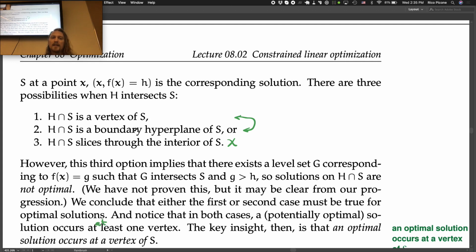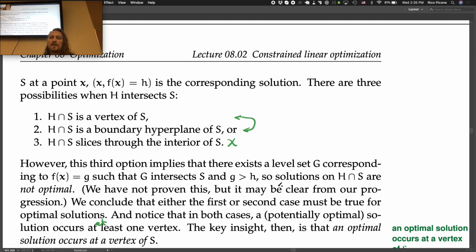In this case, we have a solution that follows a boundary of the hyperplane. But the boundary is going to have vertices at the ends of it, right? And those vertices at the ends are going to have the same level set, or the same value little h. And so if it's optimal, then they're both equal. So they're both optimal solutions.